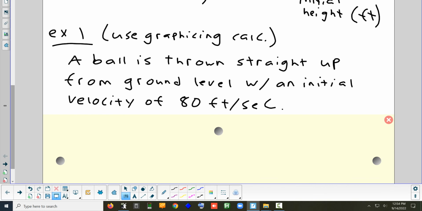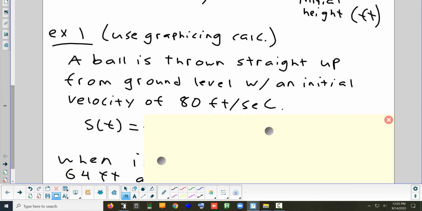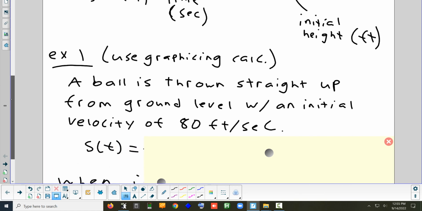So it would start out s of t, and then what comes right after the s of t in the projectile motion equation? This part never changes. Yep. Okay, so negative 16. What comes after that? Squared, yeah.